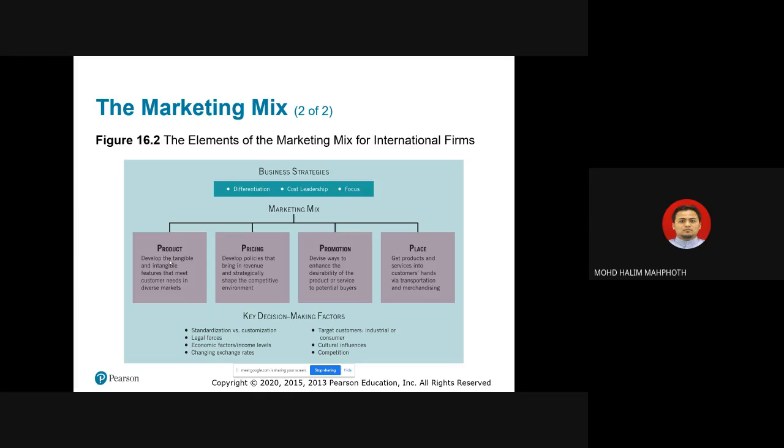So this is what we call promotional activities, to make sure Chinese people in China are aware of your products. And please get product and service into customer hand via transportation and merchandise.